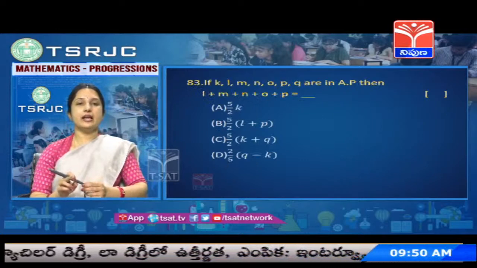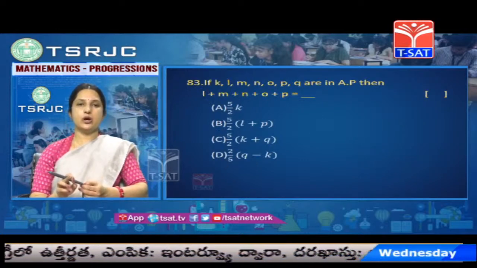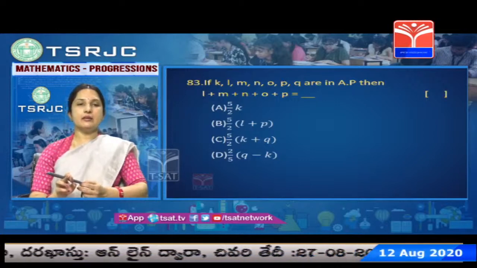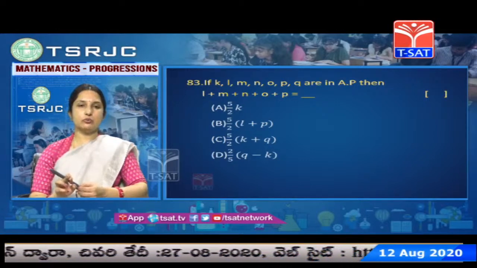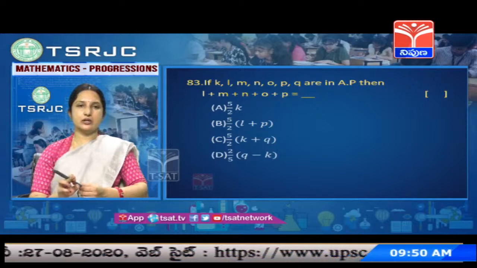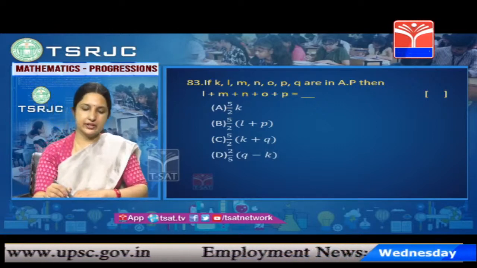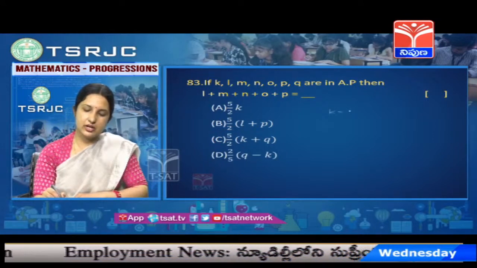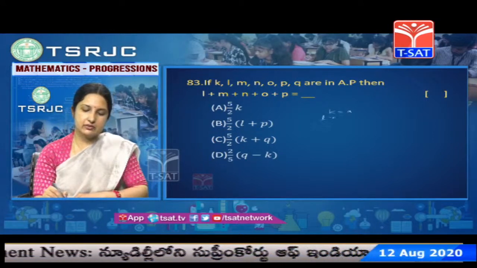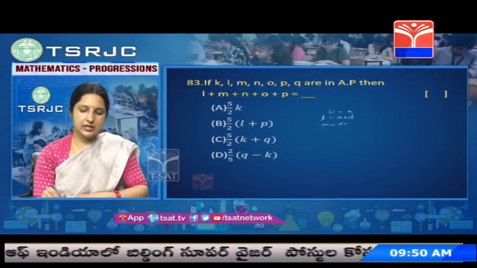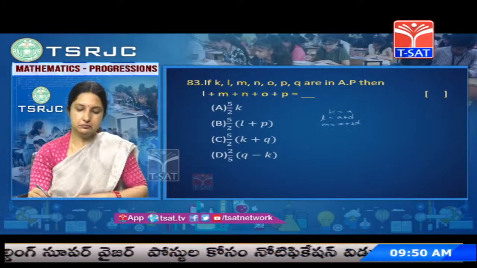So if K, L, M, N, O, P, Q, R are in AP, then L plus M plus N plus O plus P equals how much? So the sum of these terms we have to find out. K equals what? A. L equals A plus D. And M equals A plus 2D.